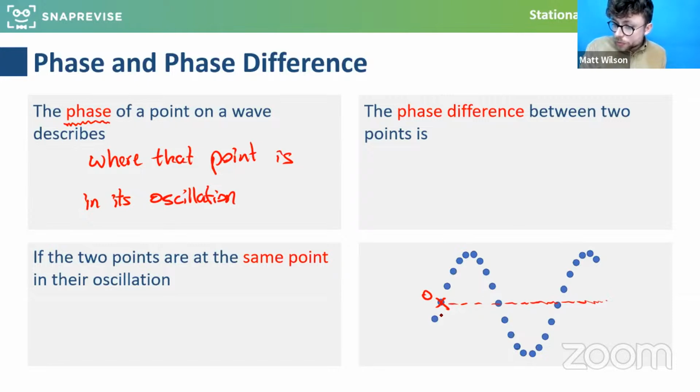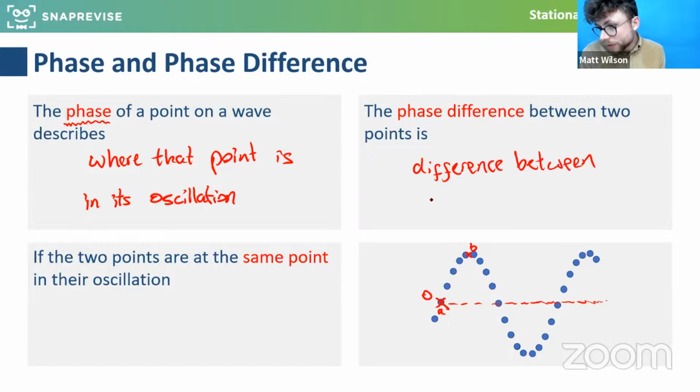Sometimes we care about 2 points, like point A here and point B here. Then we could talk about the phase difference between these 2 points, and that is simply the difference between their phases.